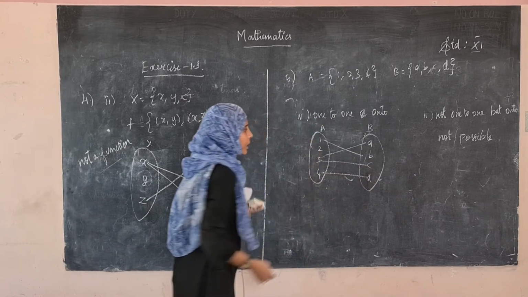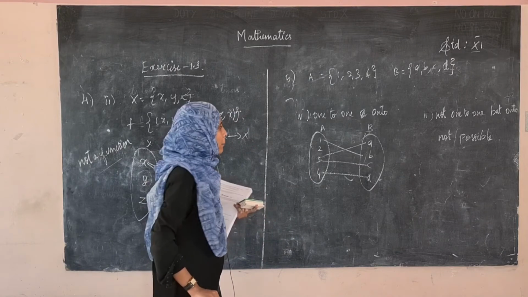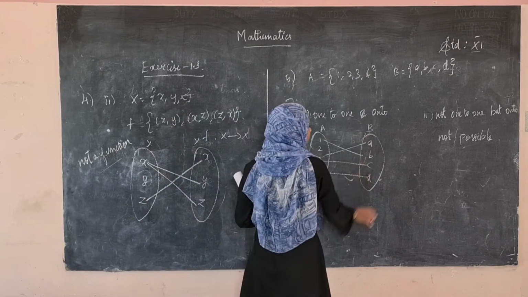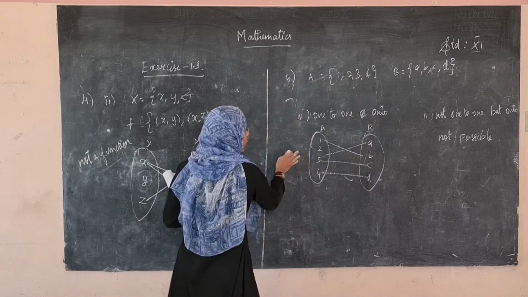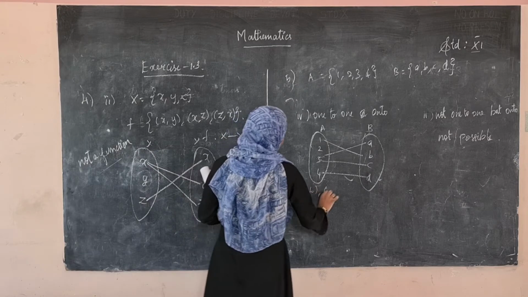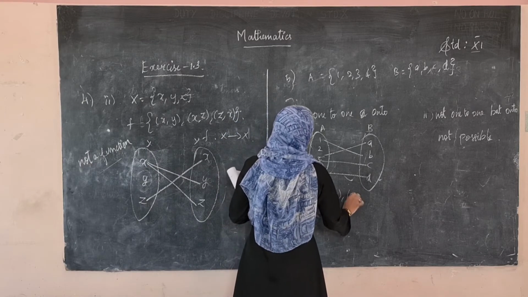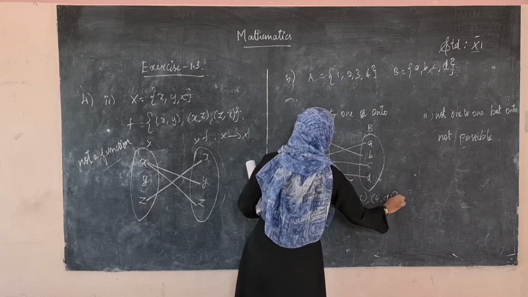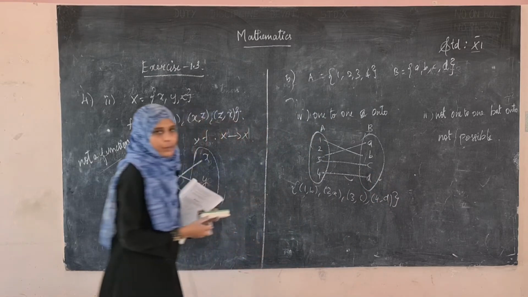This is one-to-one, right? Every element is mapped separately to another element, and every element in the codomain has been mapped. Therefore, this is one-to-one and onto. This can be written as (1, b), (2, a), (3, c) and (4, d). Okay, this is possible.